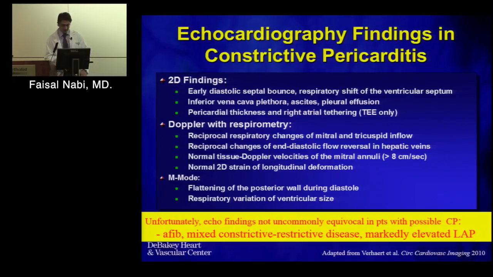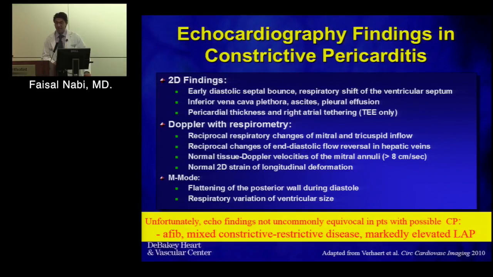Now, what's important about what Gopi told y'all is that it is true. These are the classic findings, but there are patients, and probably these are the vast majority of patients we start seeing, where these findings unfortunately can be equivocal, and that's where you need further help. Patients with atrial fibrillation, the Doppler becomes problematic.